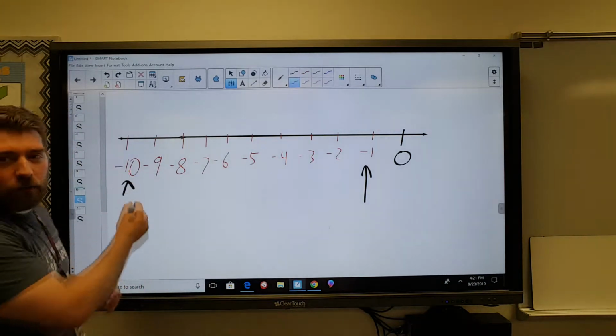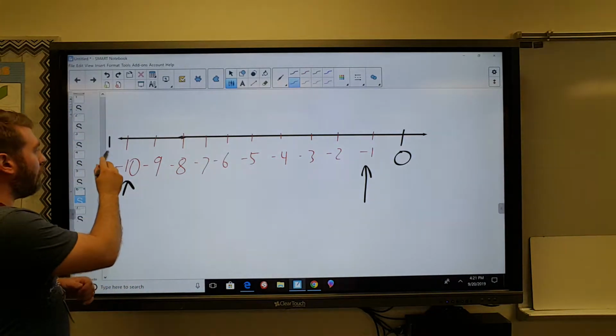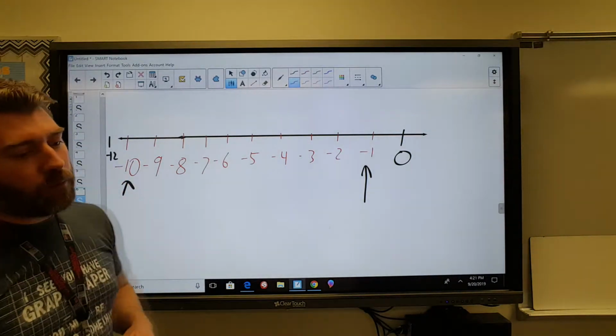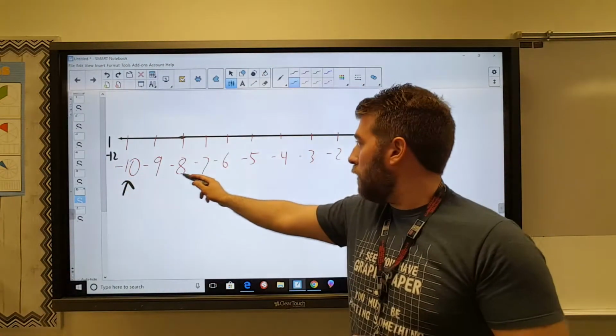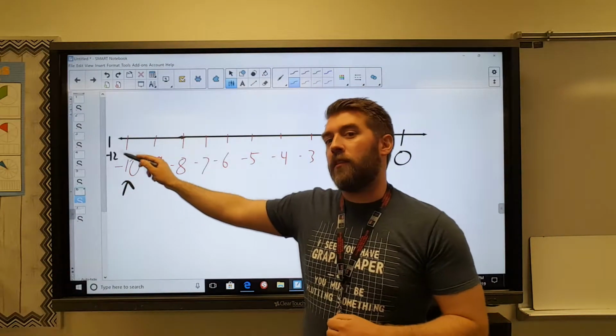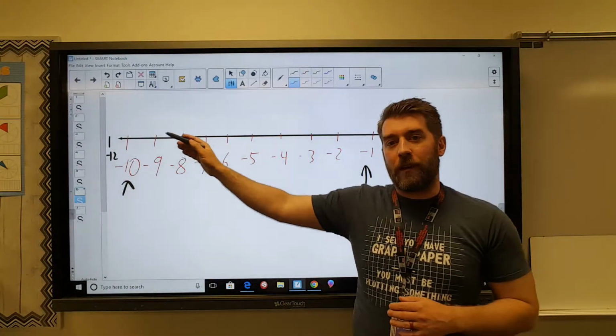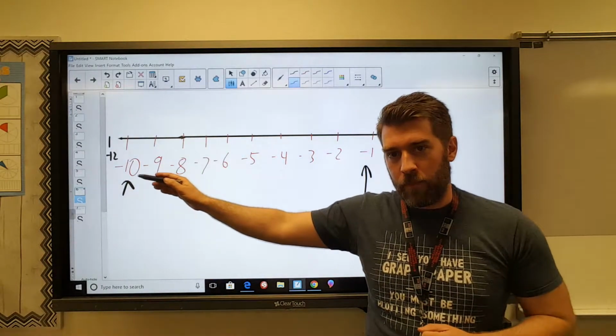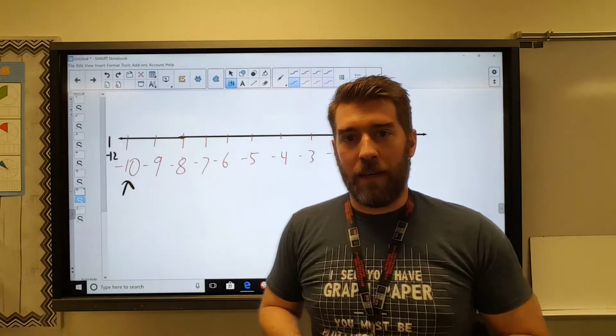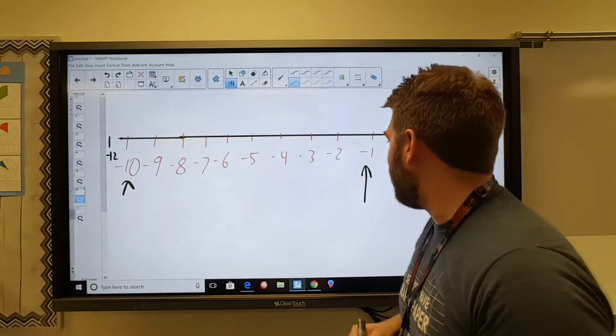Because I'm going to run out of room here, but it's going to go about here. But look at where it is in relation to the negative 10. It's to the left. And again, the further we move to the left on a number line, the smaller our number gets, the less value it has.